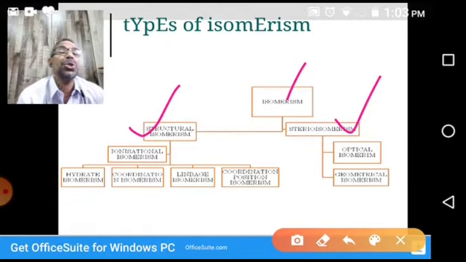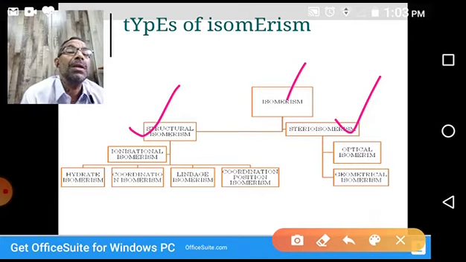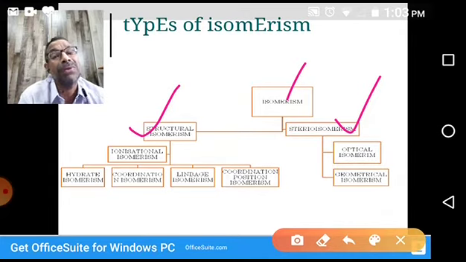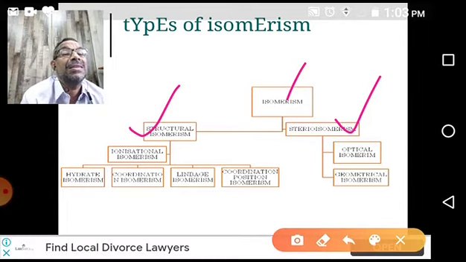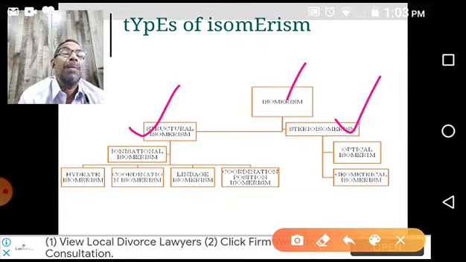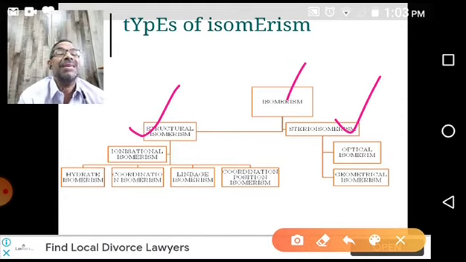Coming to stereoisomerism, the compounds have the same molecular formula and the same bonding connectivity, but differ in the arrangement of atoms around the central atom in space. In this case, bonding connectivity is the same in both compounds, but the orientation of atoms around the space differs.